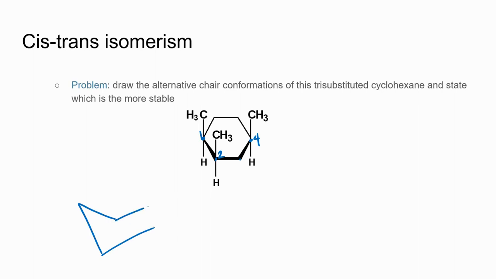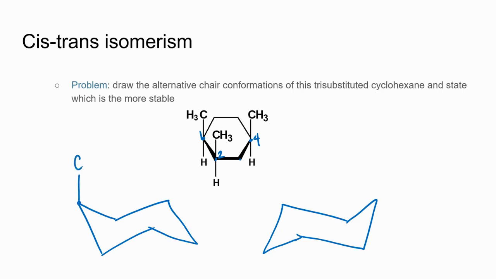It says to draw the alternative chair conformations, as in draw them both. Okay, well, they're all up. So let's start with a carbon 1, methyl group up, a carbon 2, methyl group up. Relative to this imaginary line, we need up, up. We'll skip carbon 3, we'll go to carbon 4, up.